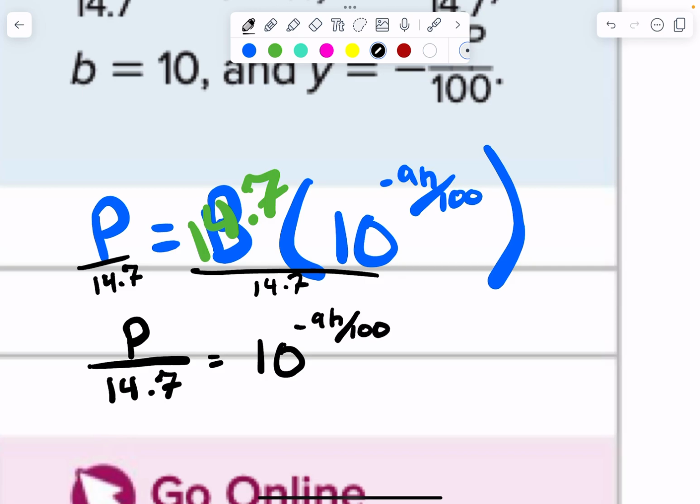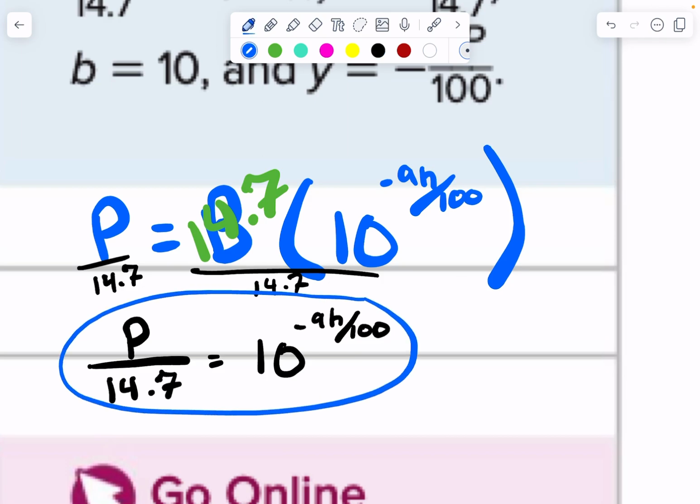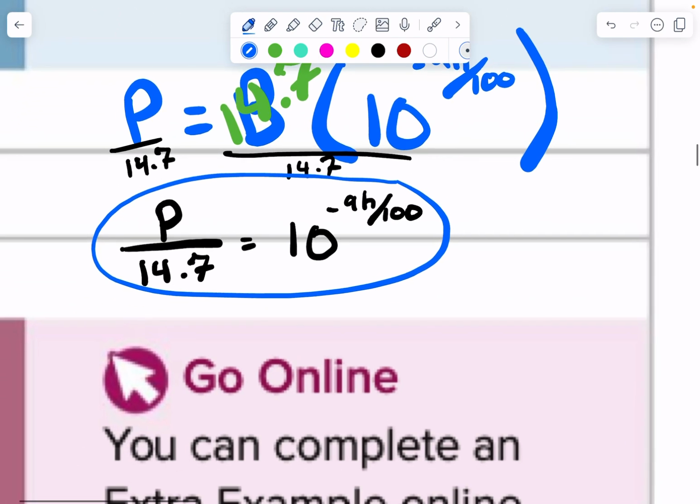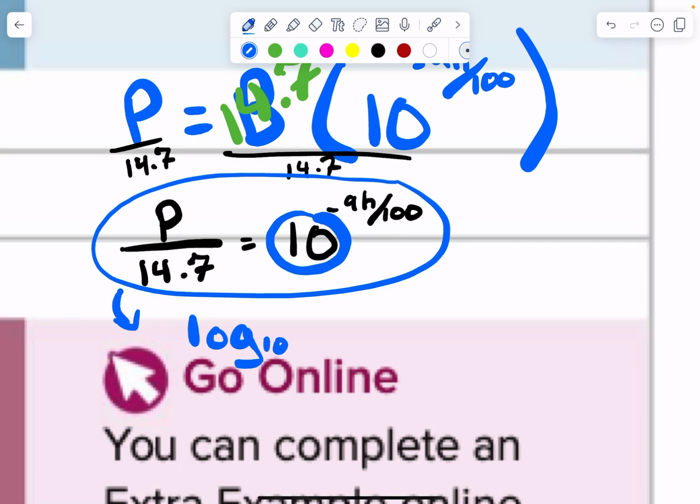Okay, now here's the deal. This now is an exponential function, and what I'm going to do is make him into a log function, okay? Notice that here's my exponent. So now I'm going to switch him to log version, and he will be a log. The base here is 10, okay? And this looks kind of funny.